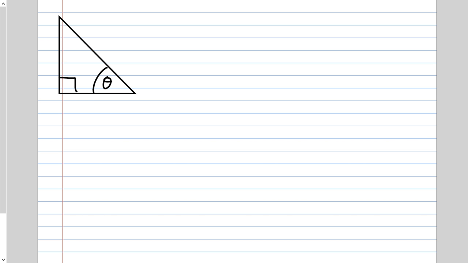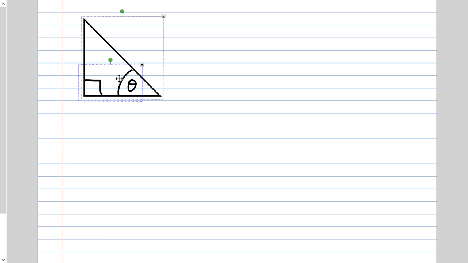If you recall from geometry, the angle tells you what side is considered the opposite and what side is considered the adjacent. So this would be the opposite, and the side down here next to the angle would be the adjacent. And then of course the hypotenuse is always the hypotenuse.